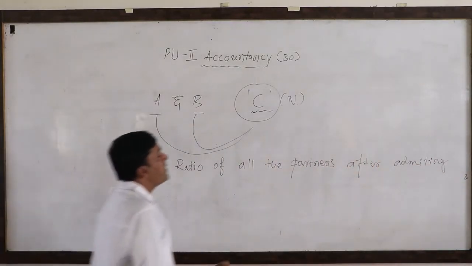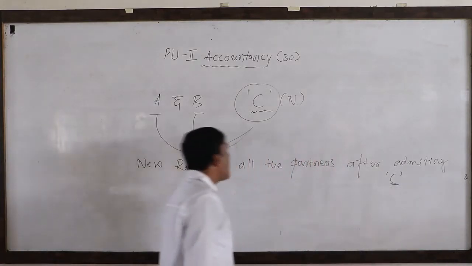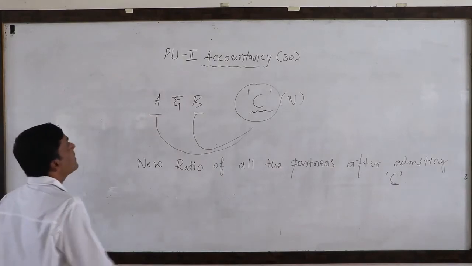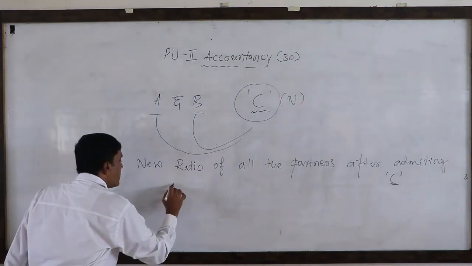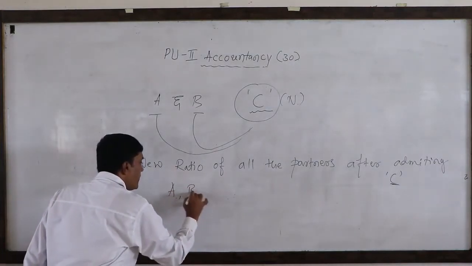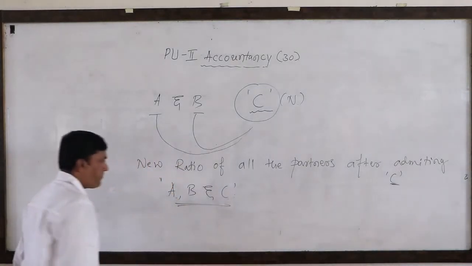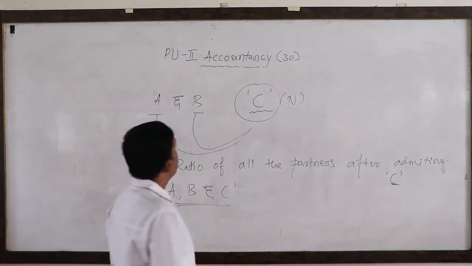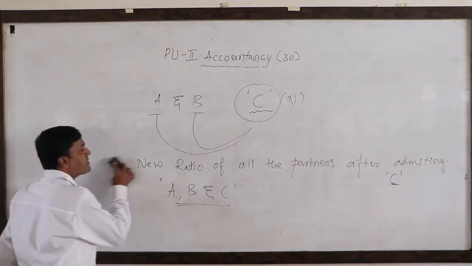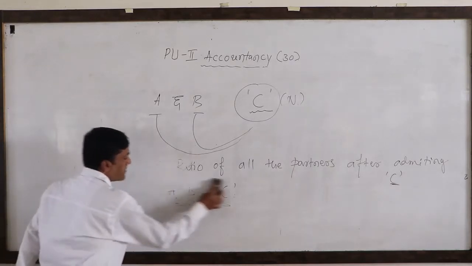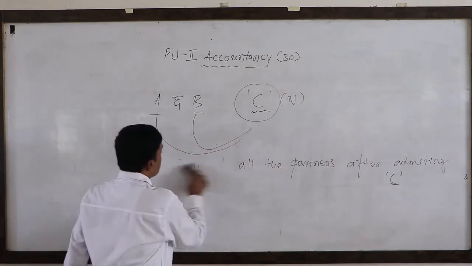After admitting C as a new partner, A, B and C become the partners of the firm. So for calculating this new ratio, dear students, there are several circumstances. So there are several parts. Let us see one by one.